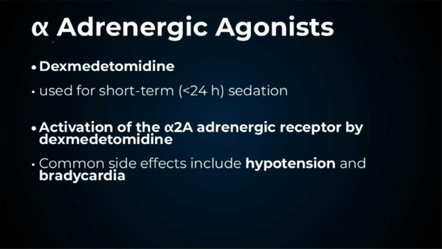They act by activation of the alpha 2 adrenergic receptor and it produces both sedation and analgesia. Common side effects include hypotension and bradycardia, which are attributed to the decreased catecholamine release by activation peripherally and in the CNS of the alpha 2A receptor.